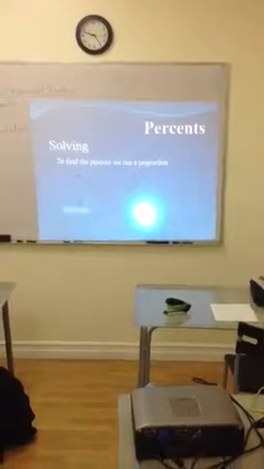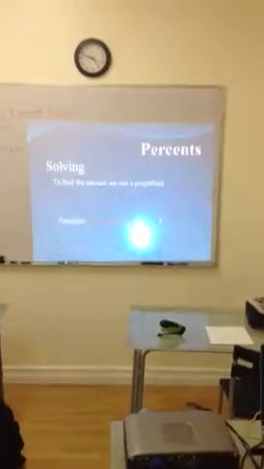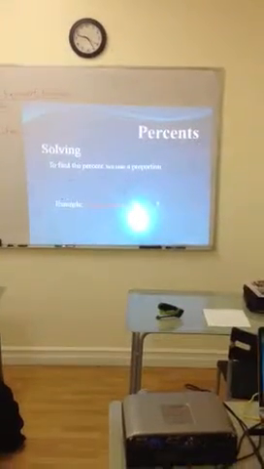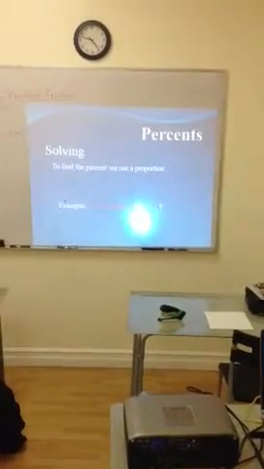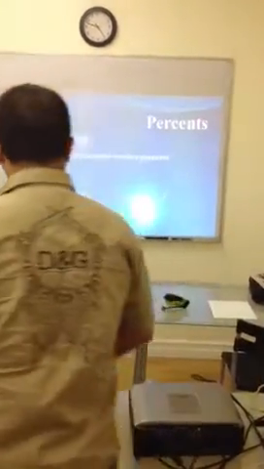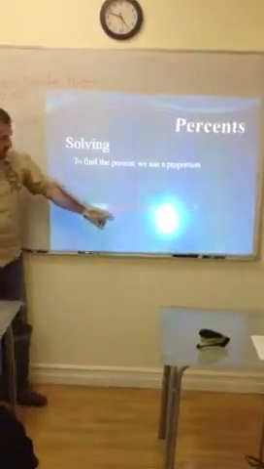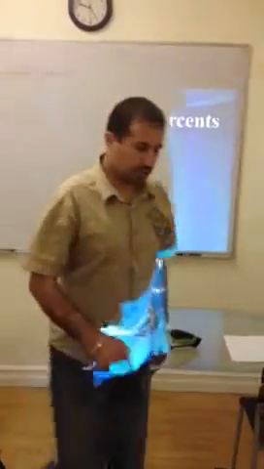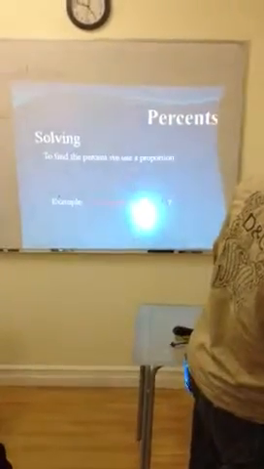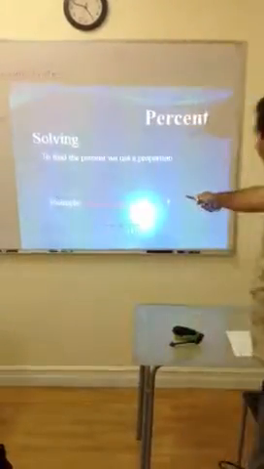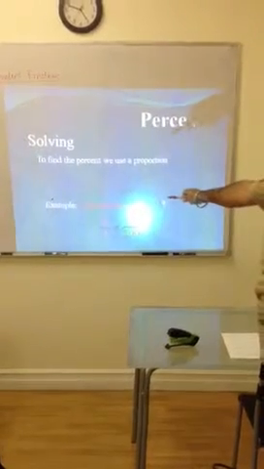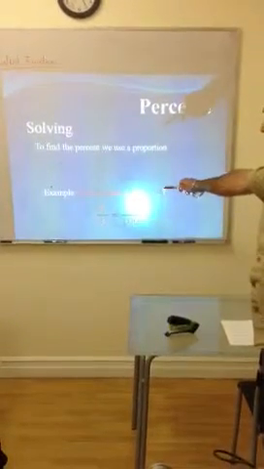So, for example, it says what number is 5% of 100? So in our case, what number, I colored it so we can easily see it. What number is, that's our variable, we don't know.